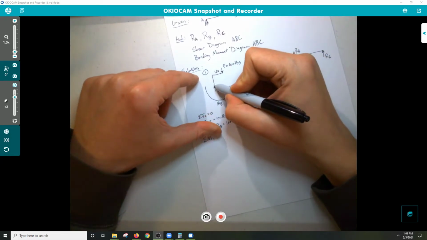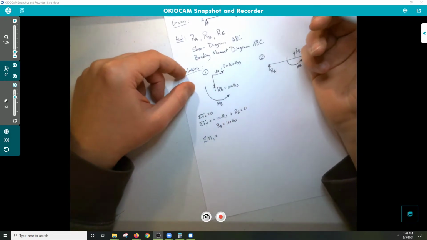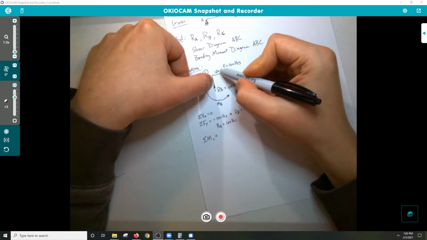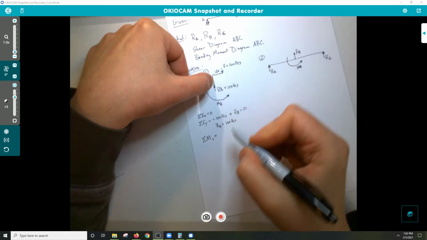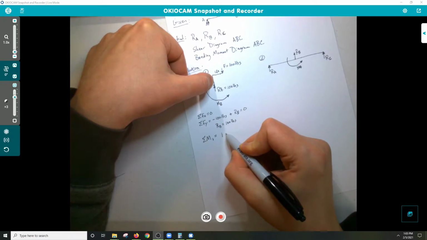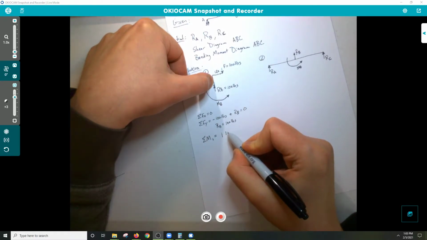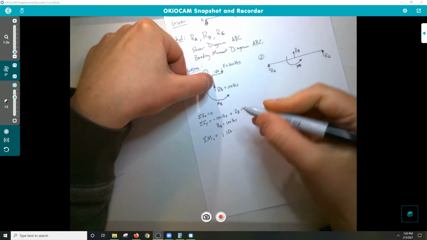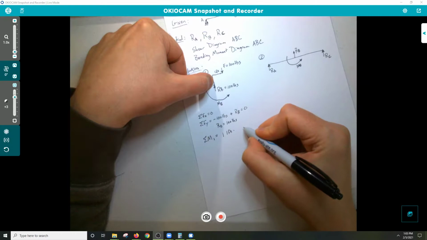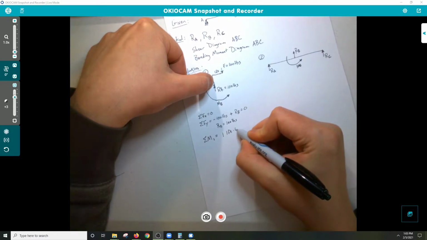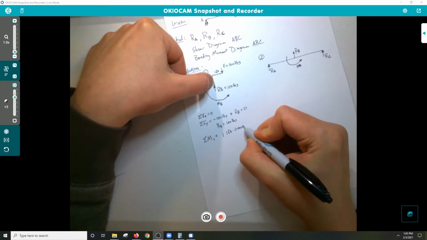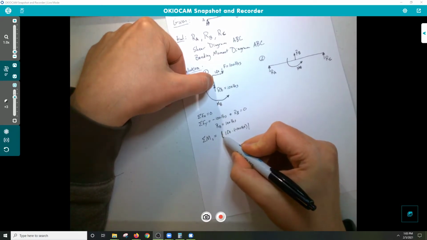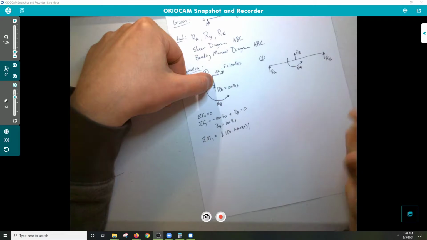So our summation of moments here, really around B. And what we're going to have is 1 foot, our first moment, right? 1 foot, absolute bar 1 foot times, this is why we do absolute bar. So if you put a negative 100 pounds in, for instance, since it is a negative force, it'll still be positive if that moment's going to be positive.